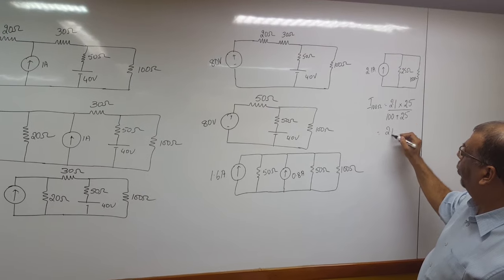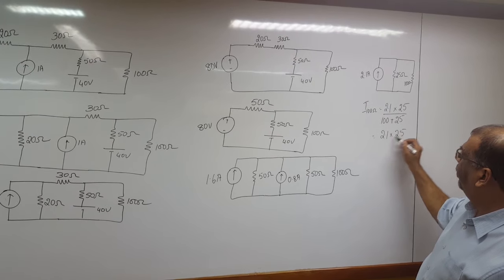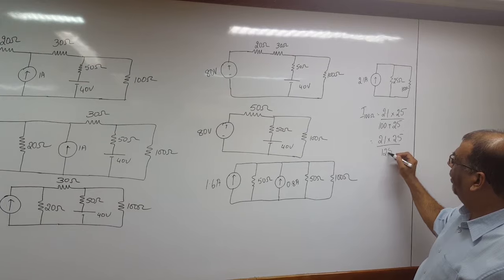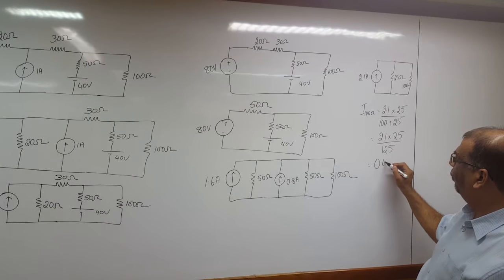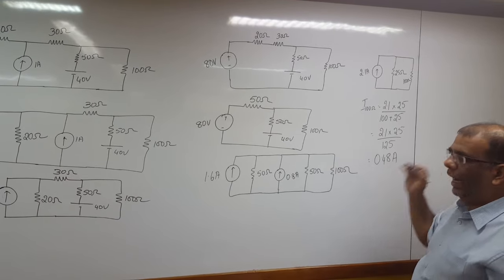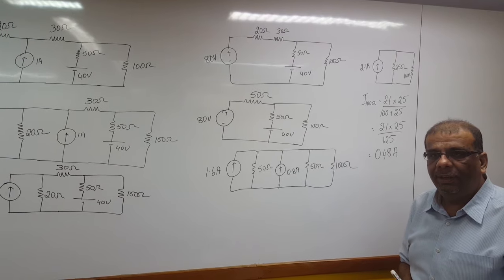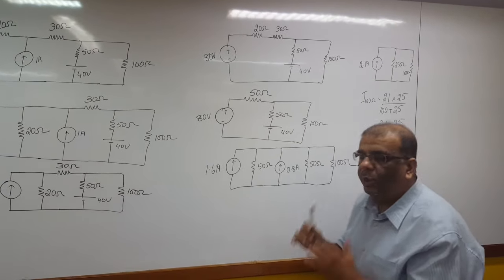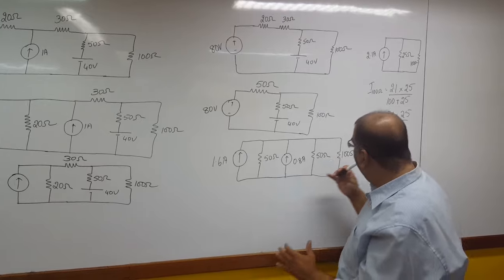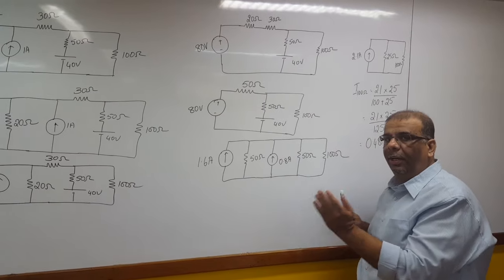That is 2.4 into 25 upon 125, and this gives you an answer of 0.48 amperes. This is how we use source conversion and get my final current in a particular resistance.